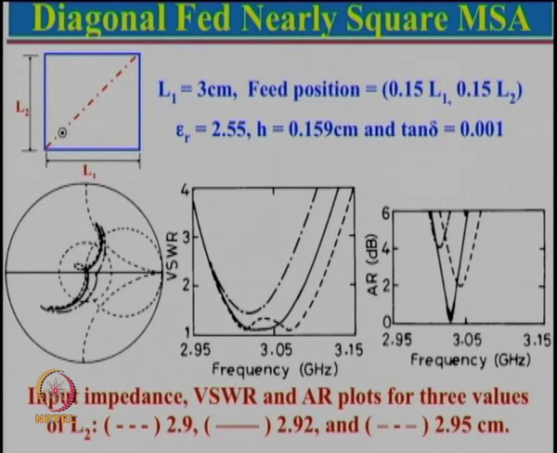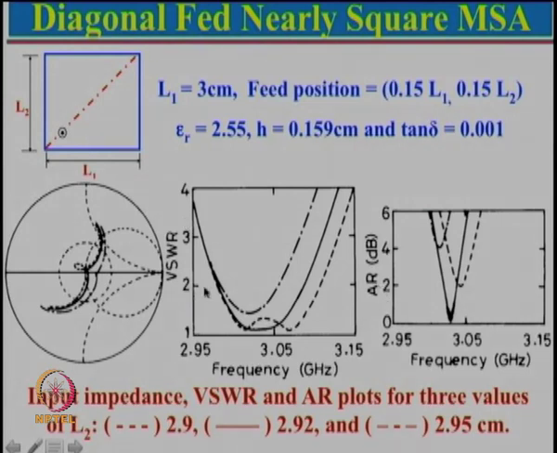Since we have taken L2 as small, that will have a higher resonance frequency. So, at lower frequency this will be resonant. So, let us say that will be horizontally polarized, and at higher frequency then this will get excited, that will be vertically polarized. So, it will go from horizontally polarized to circularly polarized to vertically polarized antenna.